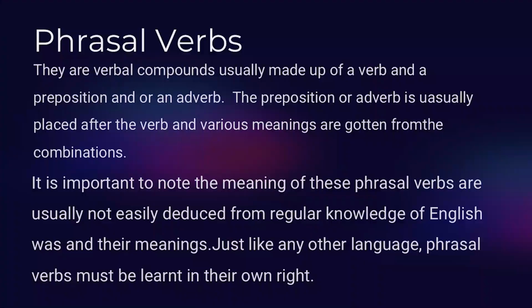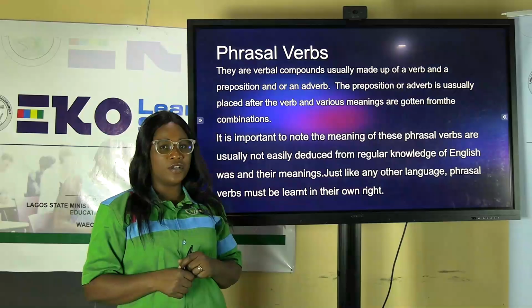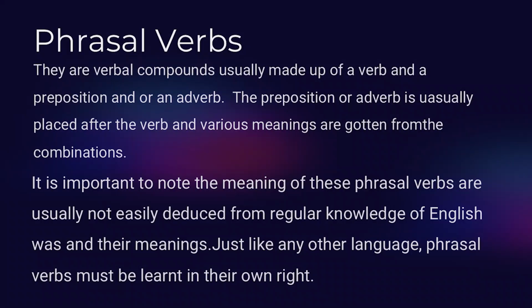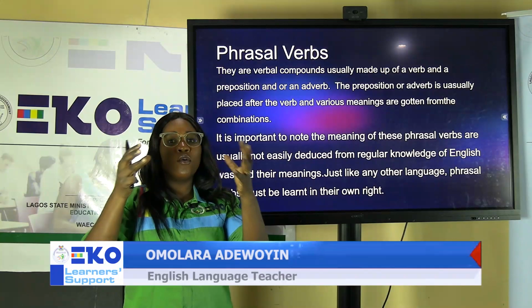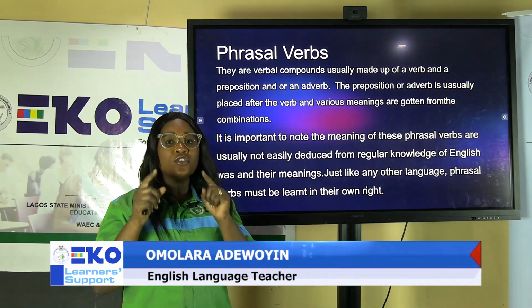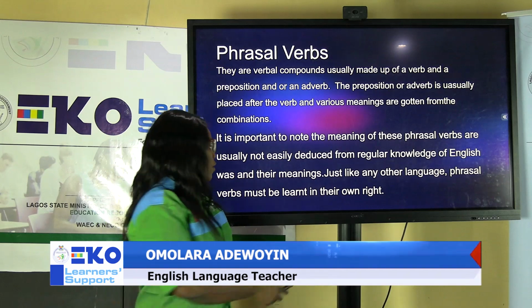The preposition or adverb is usually placed after the verb, and various meanings are gotten from the combinations. It is important to note that the meaning of these phrasal verbs are usually not easily deduced from their regular meanings. So you need to learn phrasal verbs in their own right. Just like you would learn the meaning of idioms, you need to learn the meaning of phrasal verbs.